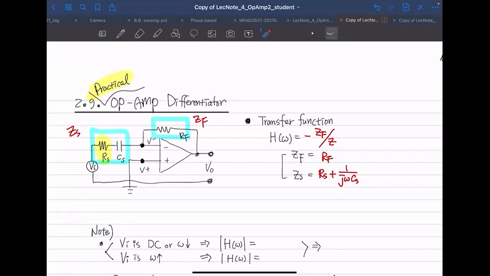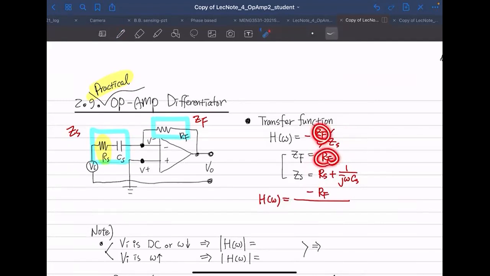So if we apply these back into our equation, negative ZF over ZS, then the transfer function is going to be negative RF.